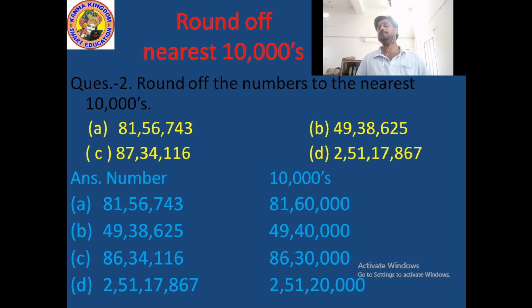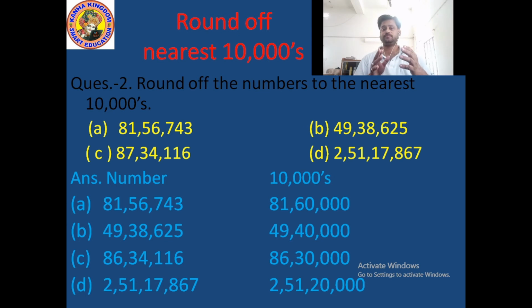So first of all, tell me, is the 1000 place less than 5, equal to 5, or greater than 5? Yes, the 1000 place is greater than 5. When you find this out, first what you have to do is convert the 1000 place, 100 place, tens place and ones place into 0.